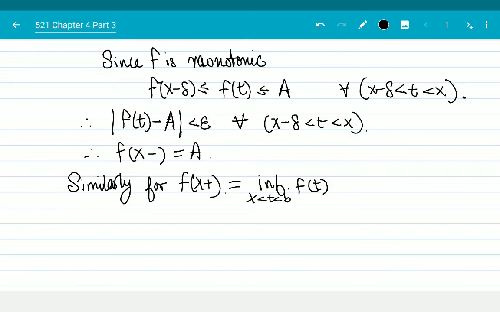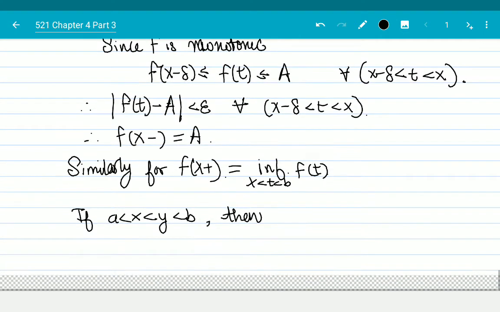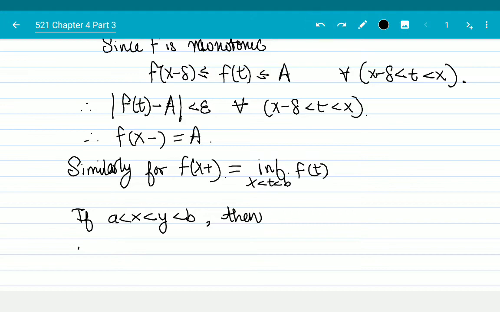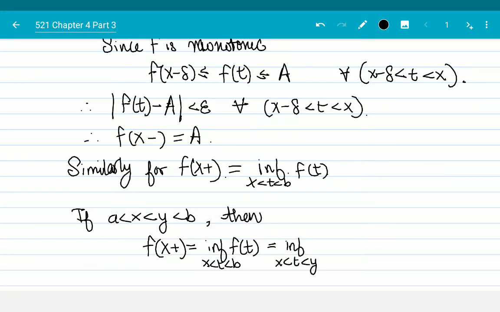If a is smaller than x, smaller than y, smaller than b, then because f is monotonic, I have that f of x plus is equal to the infimum of f of t, x smaller than t smaller than b, which is equal to the infimum of f of t, x smaller than t smaller than y.